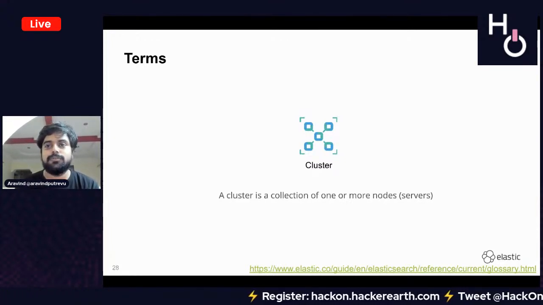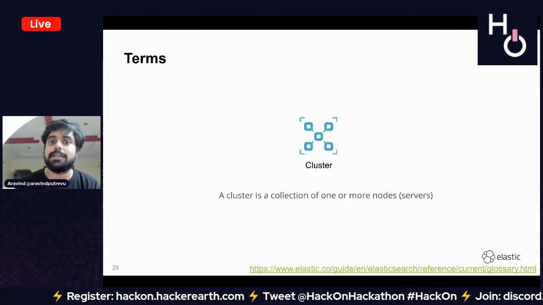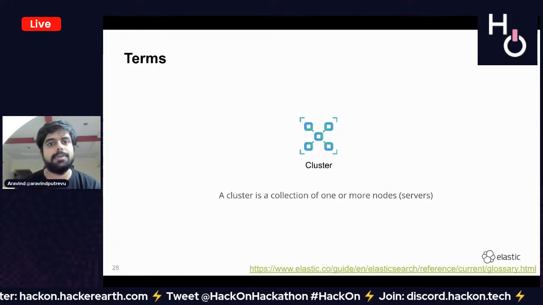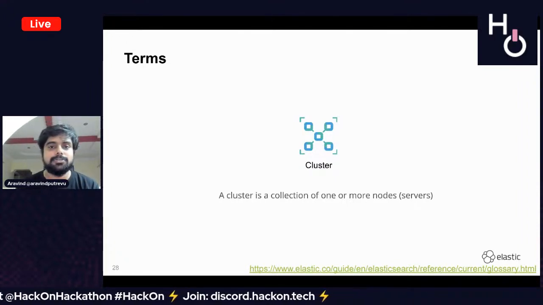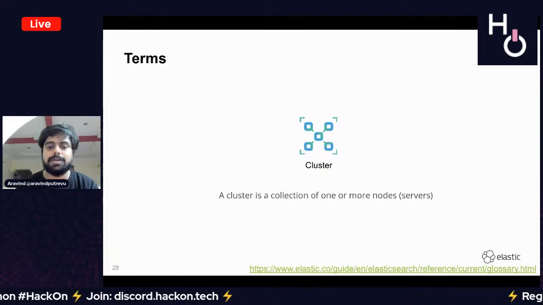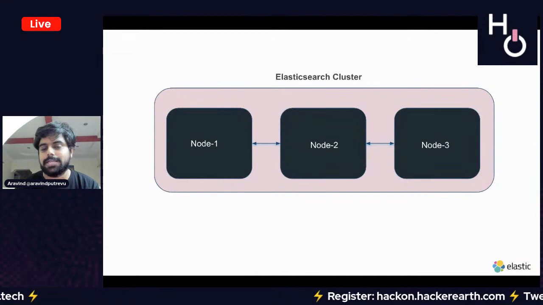So anytime someone asks you, what did you do with Elastic Stack? Oh, I built an Elasticsearch cluster. Similarly, you have a Redis cluster, a MongoDB cluster, a Kubernetes cluster. A cluster is a bunch of nodes in one single place, and then you could do something with them. So this is how a cluster would look.